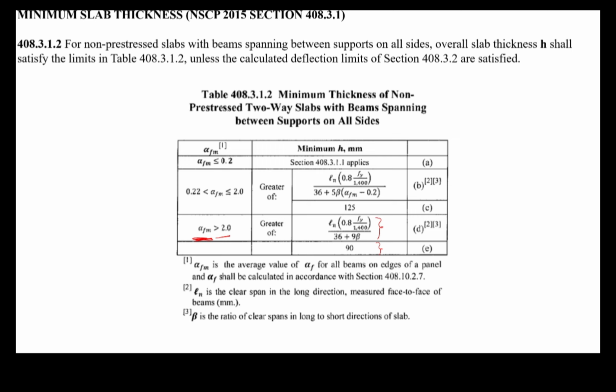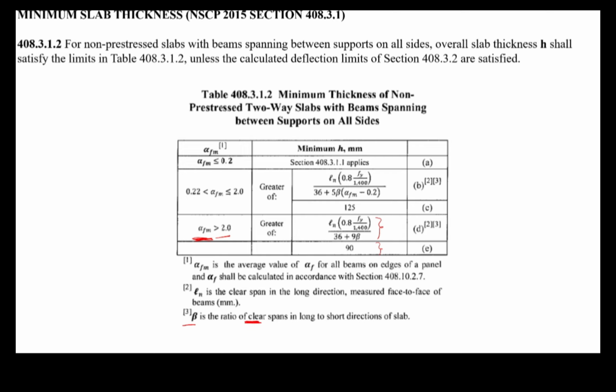Okay, so getting the value of beta, which is defined as the ratio of clear span in the long to short direction of the slab, referring to the configuration of panel A. Take note that beta refers to the clear spans.